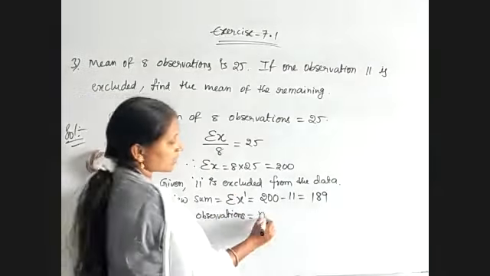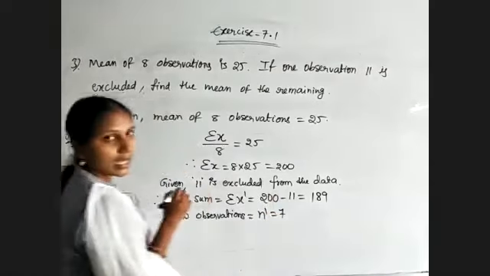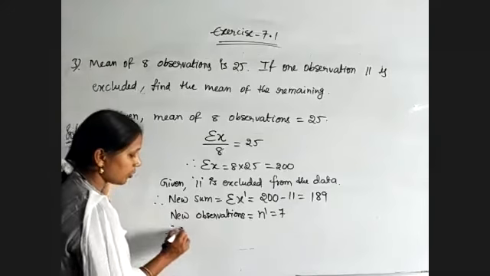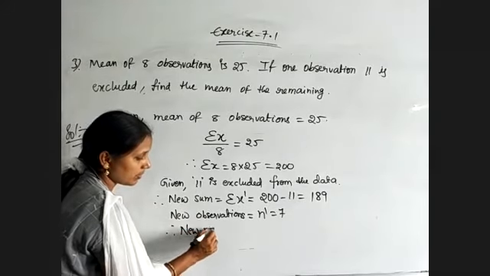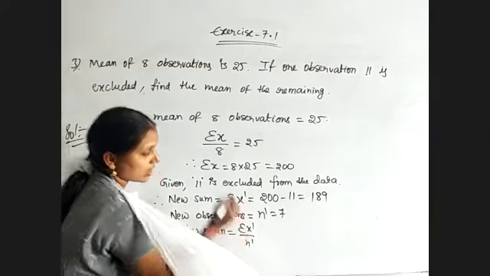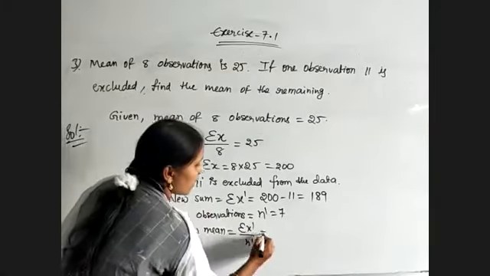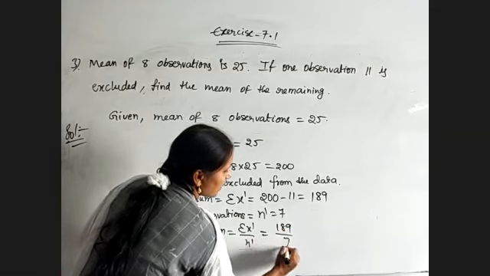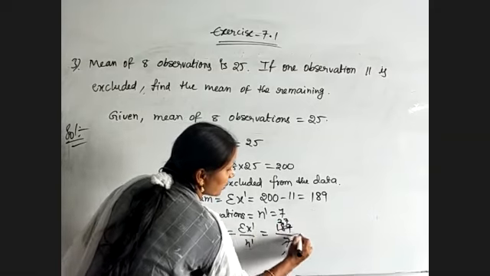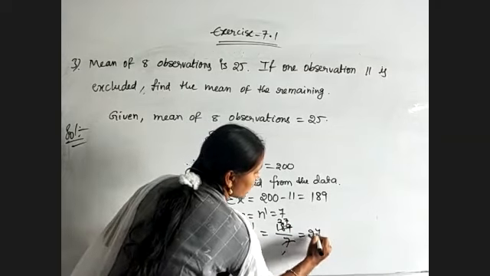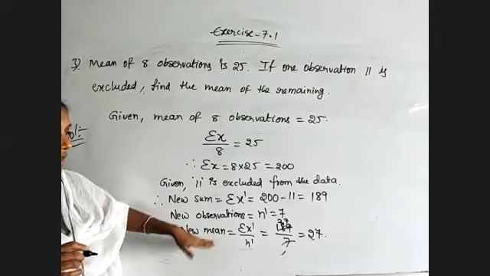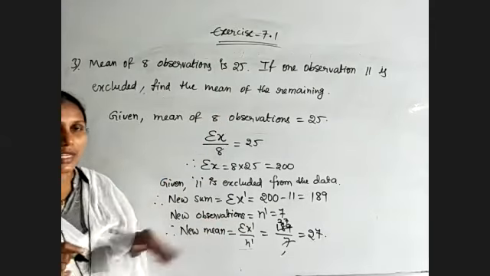That means n dash will become 7 only, 8 minus 1, 7. Okay, therefore the new mean will be equal to sigma x dash by n dash, that is 189 by 7. 7 twos are 14, 49 we get, 7 sevens are 49, which is equal to 27. That will be the mean of the remaining observations. That is, the mean of the remaining 7 observations is equal to 27.